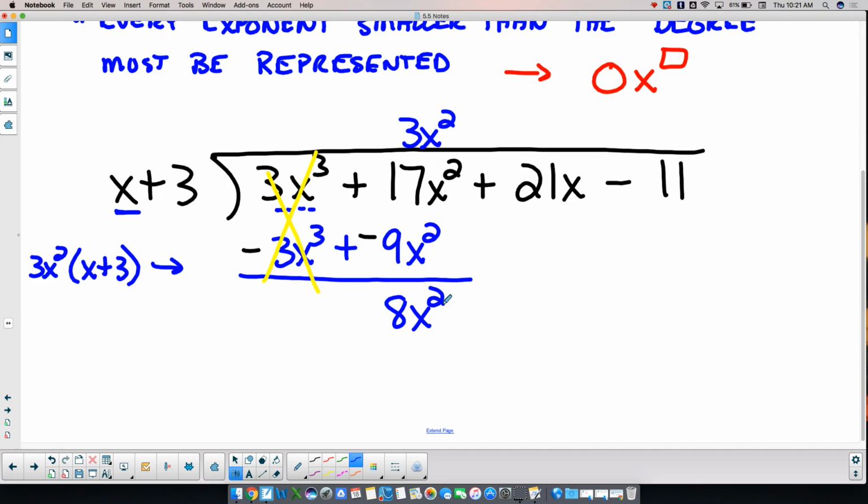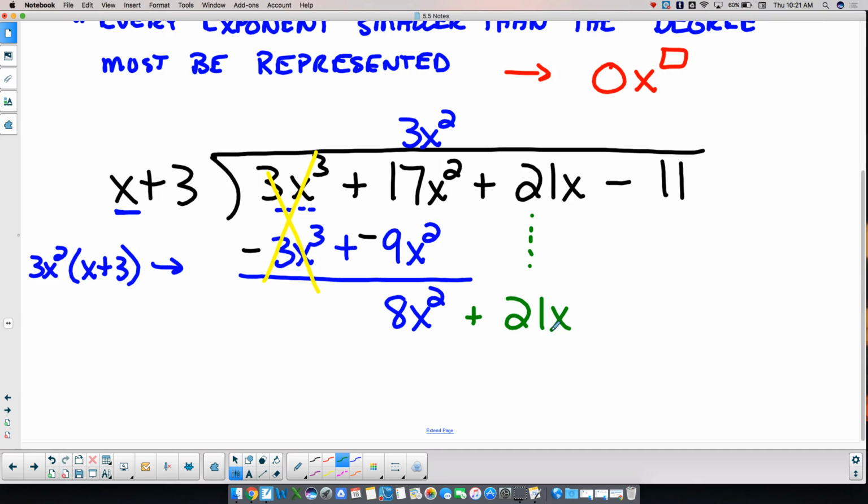And now what are we going to do? Drop it like it's hot. Drop that next term down. Rinse, lather, repeat.